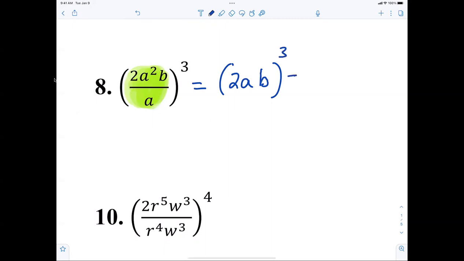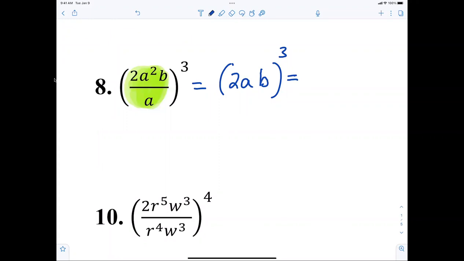So now we rely on yesterday's information. What is 2 cubed? Why? Don't tell me because I would add. What does 2 cubed mean?